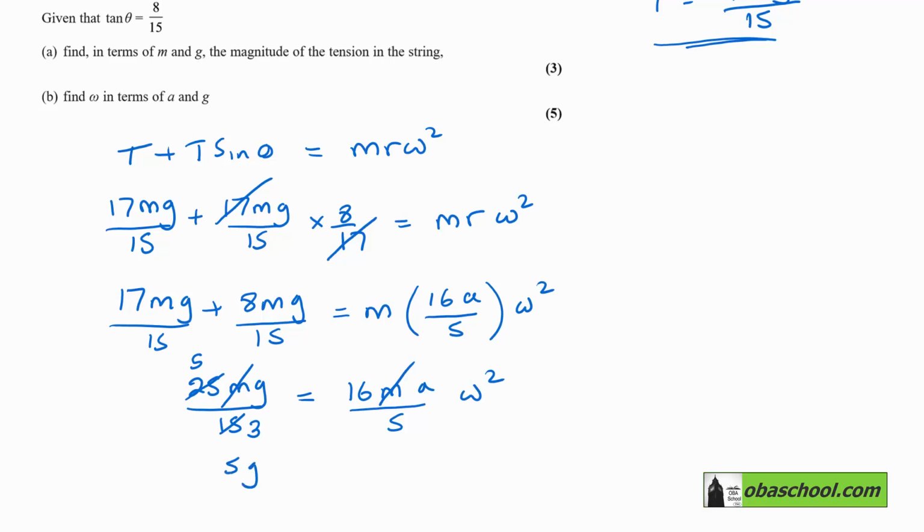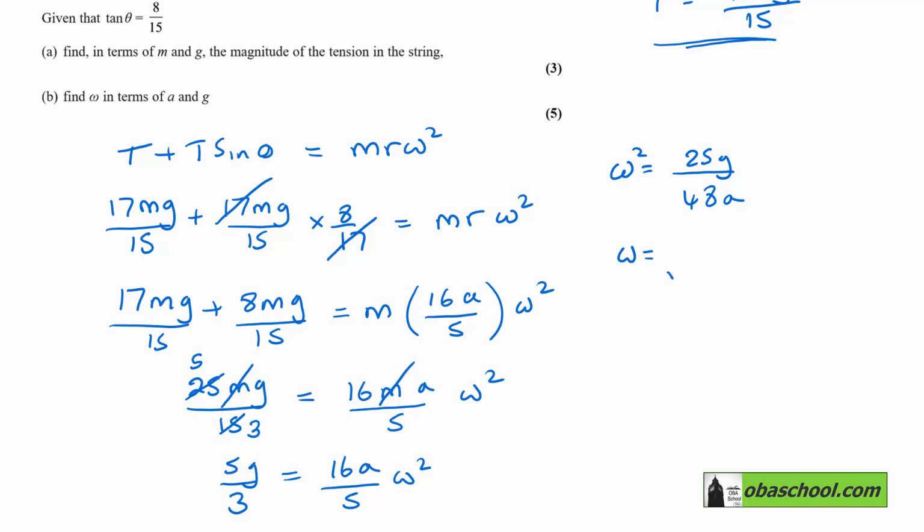So 5g over 3 is equal to 16a over 5 omega squared. And that means that omega squared is going to be 25g divided by 48a.